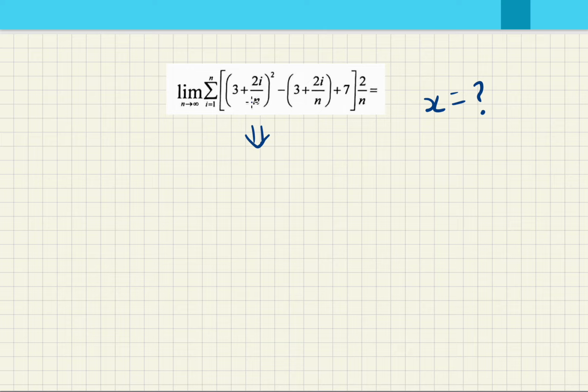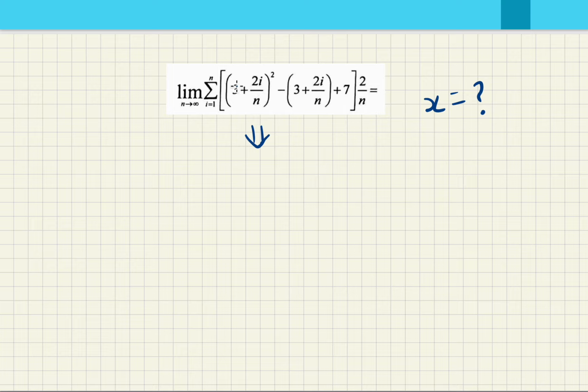Now, the reason why it's 3 plus 2i over n and not 3 plus 2i over n the whole squared, or just 2i over n, is because this is in closed brackets. So because it's in brackets, we know that this whole value is x.